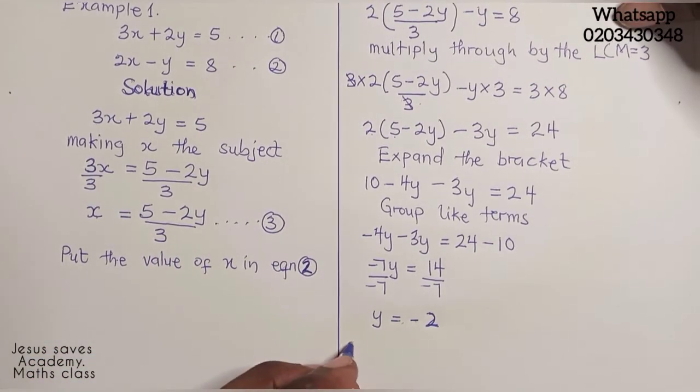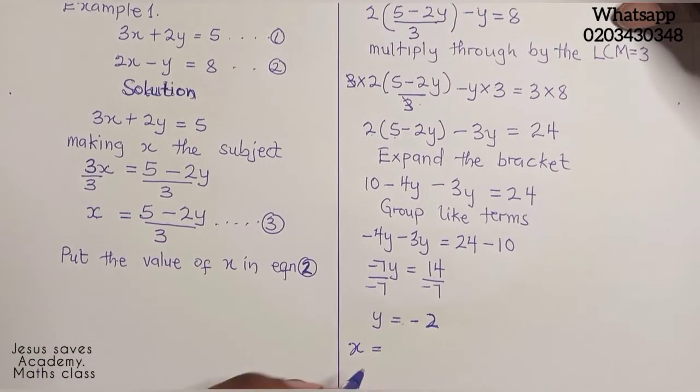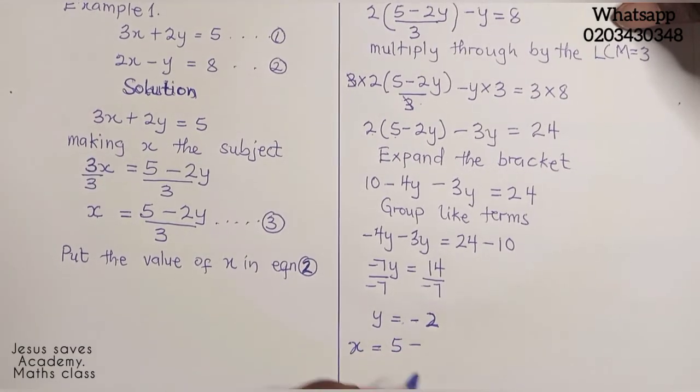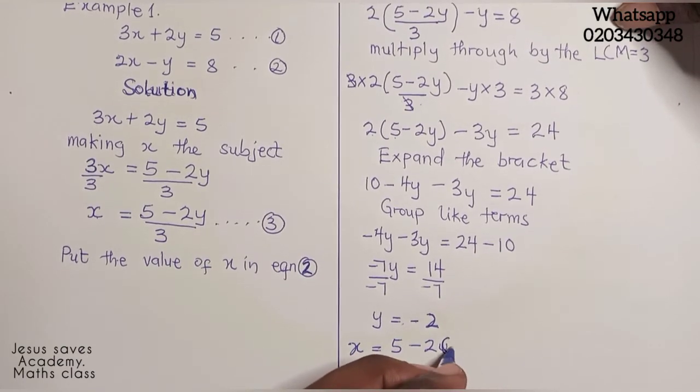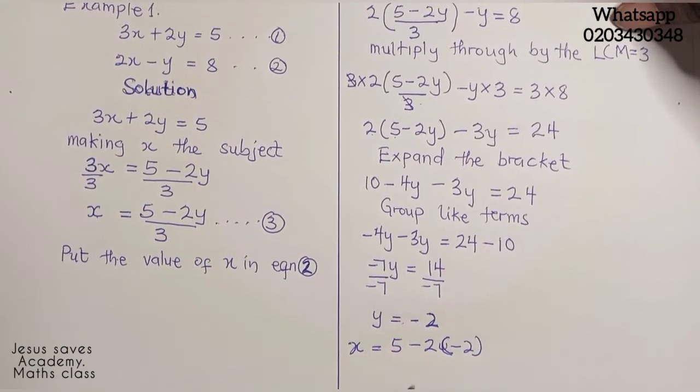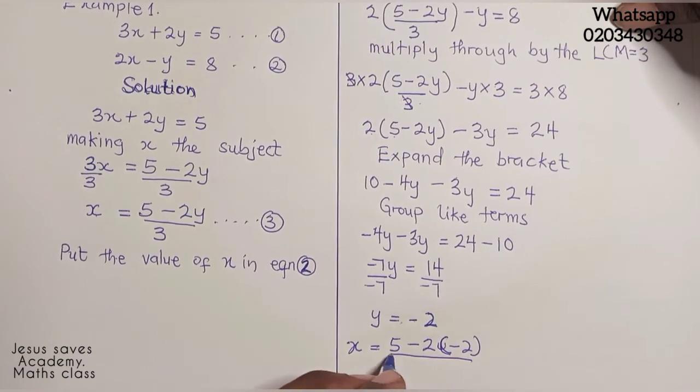We have x equal to 5 minus 2y, but y is now negative 2. So into the bracket goes negative 2, all over 3.